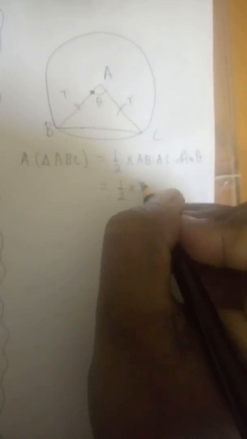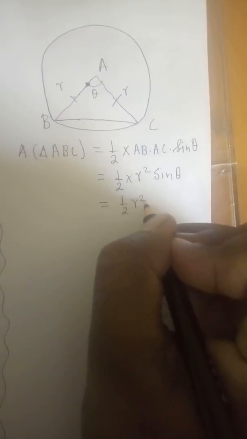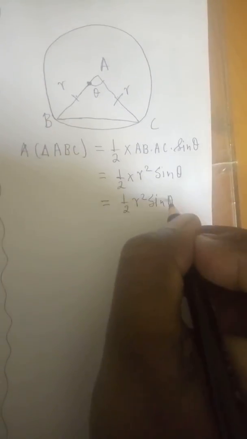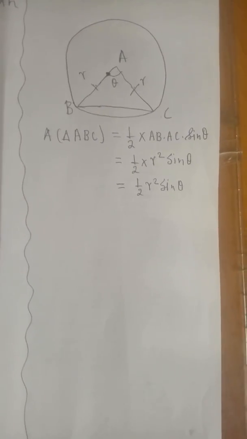That means this will become half R square sine theta. This is the area of the triangle formed by two radii when the angle included by them, the central angle, is given at the center. I hope this is clear. You have understood the area of triangle ABC.